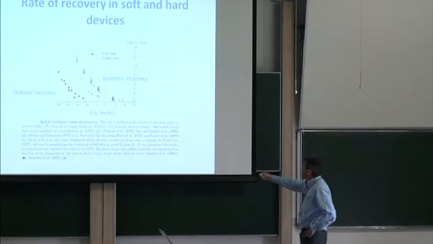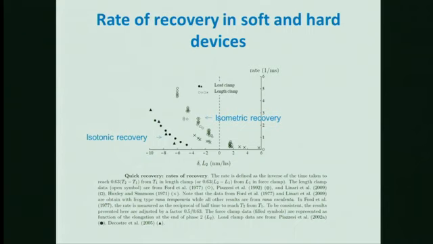Now, also the rate of recovery, so-called in soft and hard device, how fast the system responds to, say, sudden application of load. This rate of response seems to be very different in so-called isometric recovery and isotonic recovery.